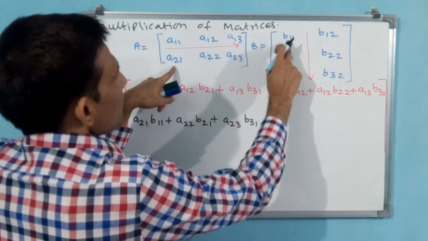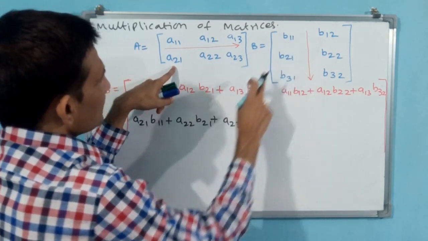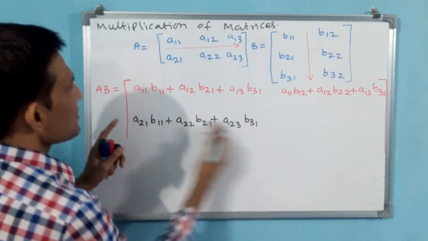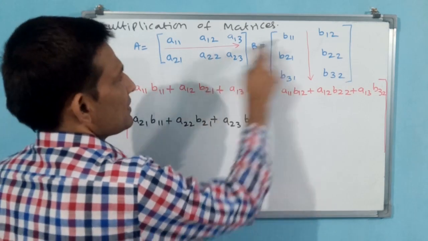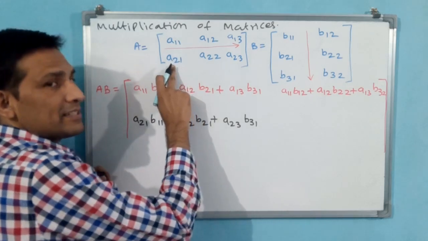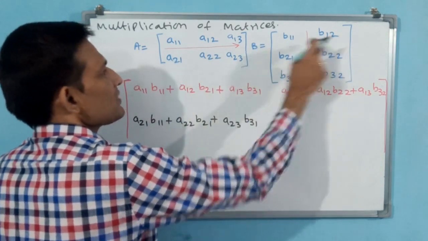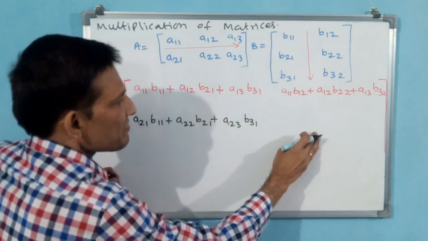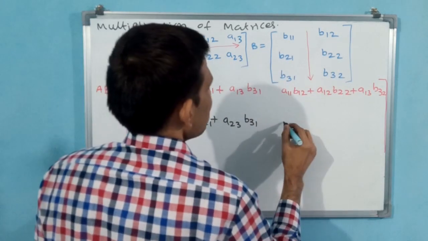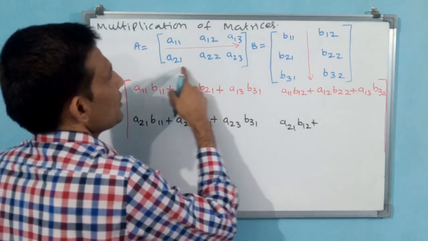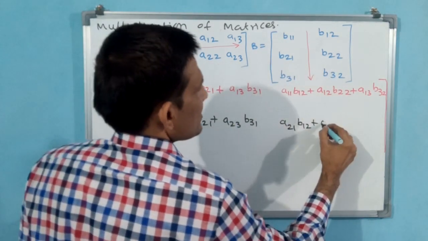Second row, first column. Second row, but first column you have taken. Okay. First letter. Now you are taking second row, second column. Column is second. Here it will come: A21, B12, A22, B22.